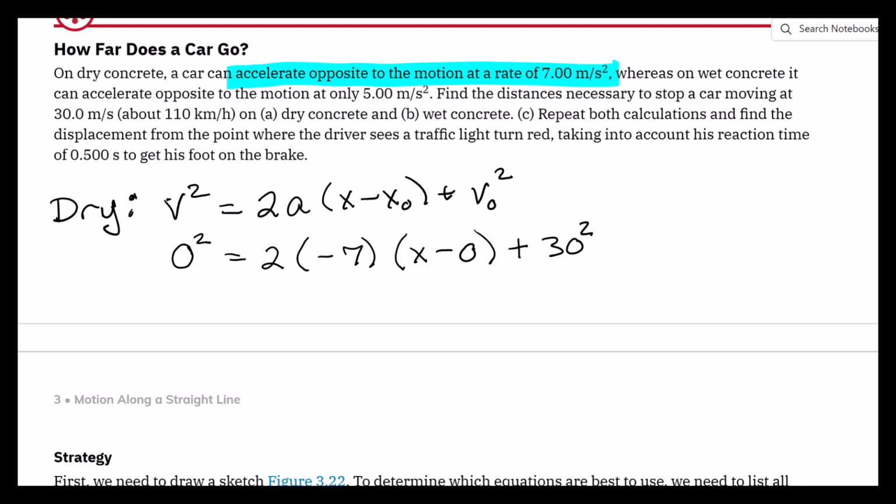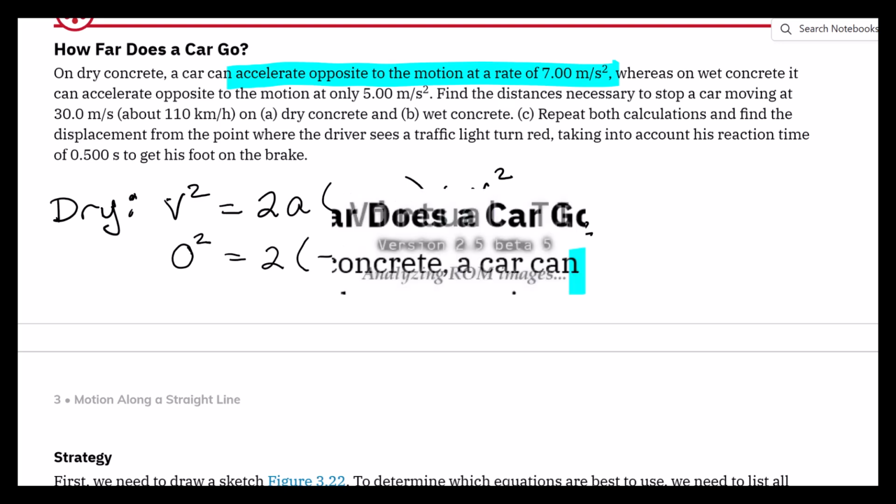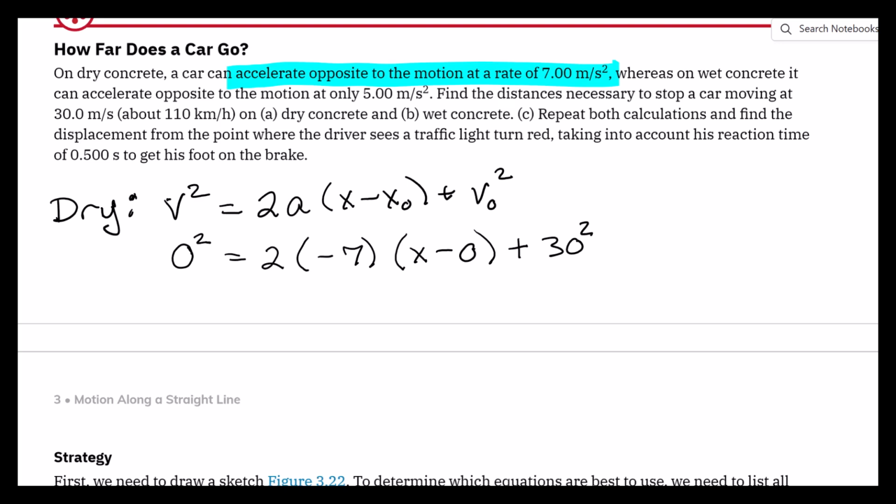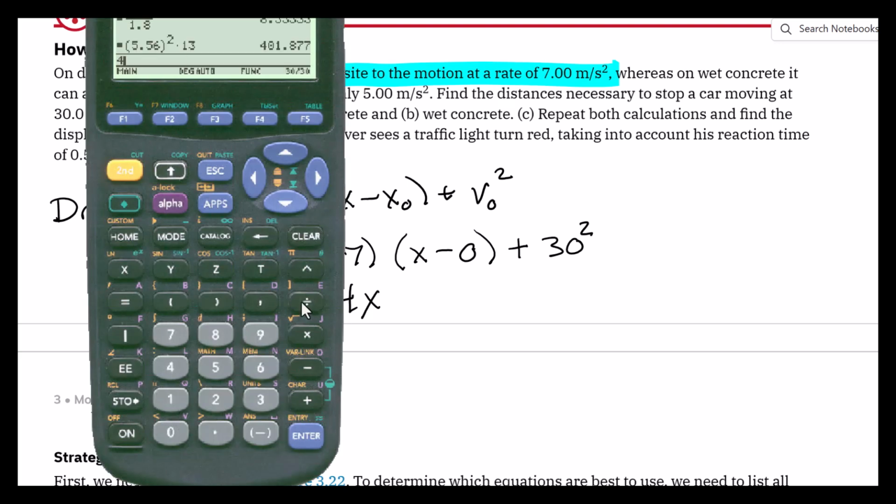Oh, okay, I can do this. This is just math. Okay, so I have 30 squared, so I have 900 equals negative or positive 14x. So x is 14 over 900.